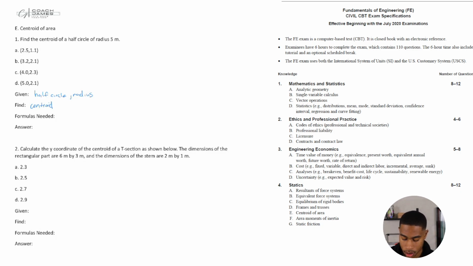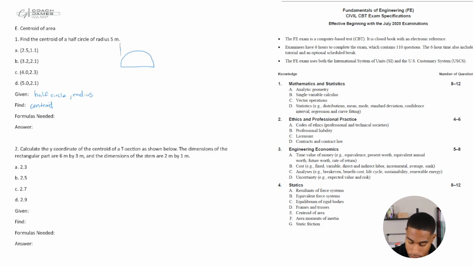So let's just imagine a centroid. What is a centroid ultimately? A centroid is just a point at the center of the given area. In this case, we have a half circle, so I'm just drawing a half circle. Bear with me.